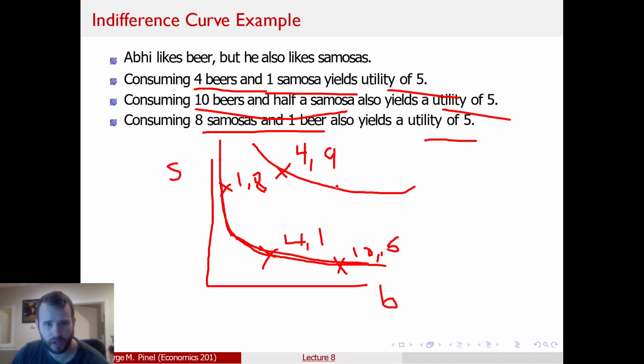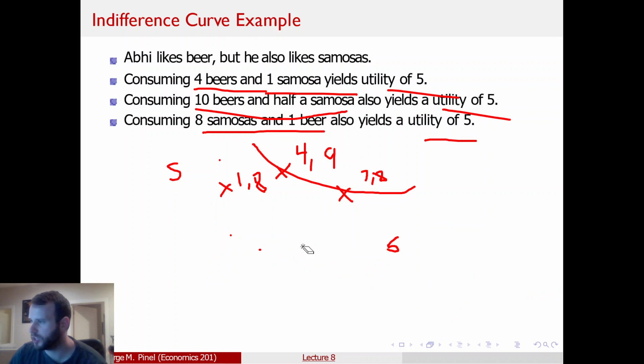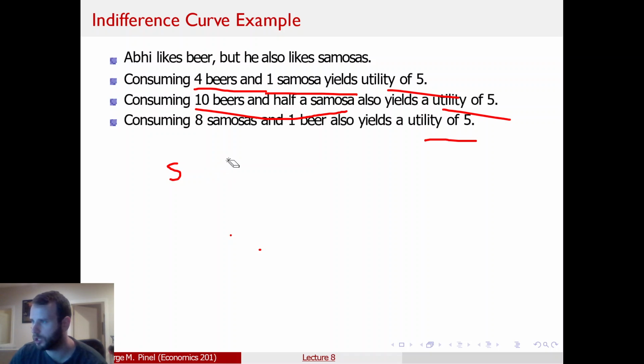If you go over here, this could be like 7, 8, so these two might have the same utility. This is just random numbers that I'm pulling. But as long as you're consuming more beers and more samosas, it should be on a higher indifference curve. So I'm going to erase this. I'm going to show you an actually well-drawn indifference curve so that y'all can see it without my scribble scrabble.